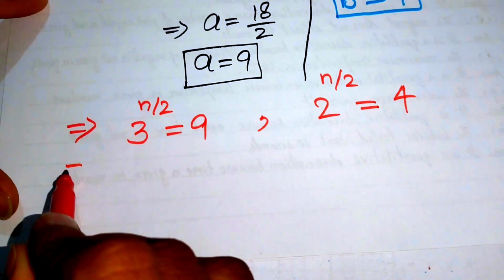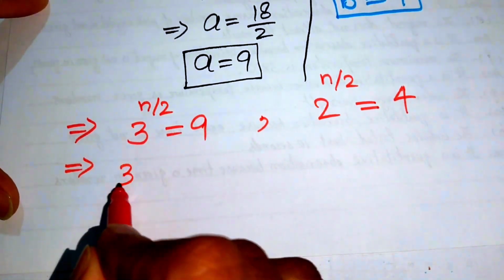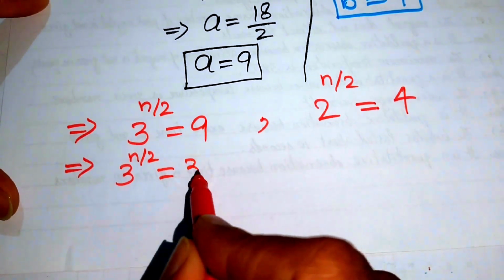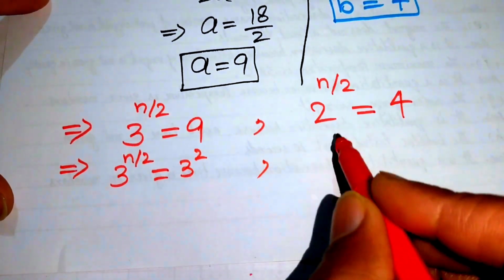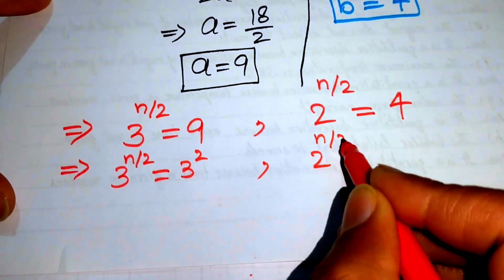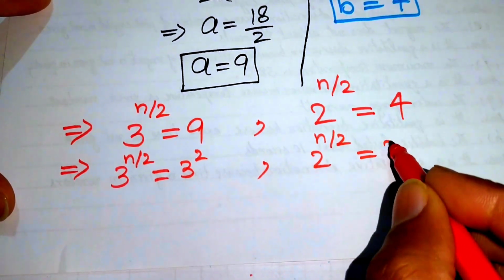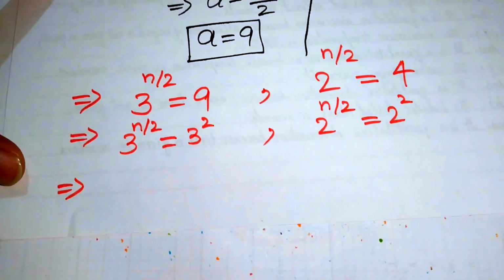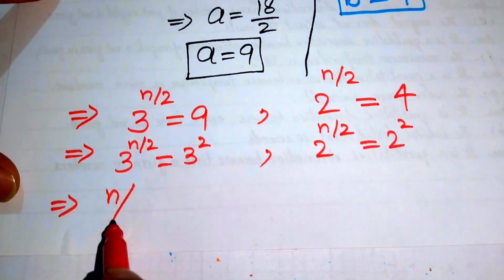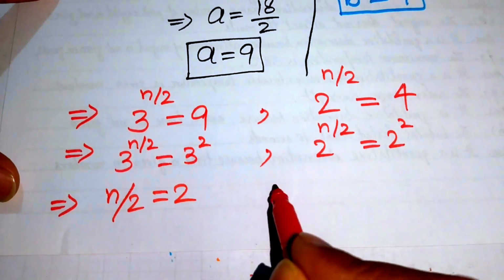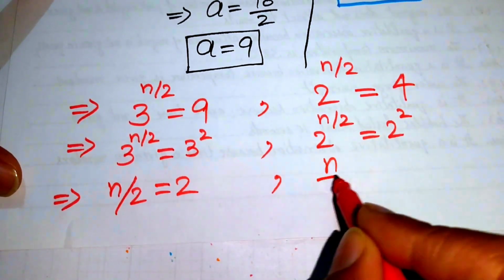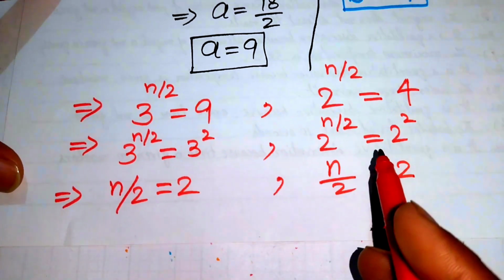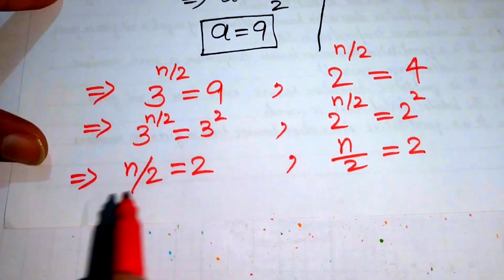So here we focus on the right hand side and we write 3 to the power of n over 2 equals 9, and we write 9 as 3 square. And similarly we have 2 to the power of n over 2, and we write 4 as 2 square. When we compare both sides, we get n over 2 equals 2, and in this case we also get n over 2 equals 2, because the bases are the same, so we equate the exponents.